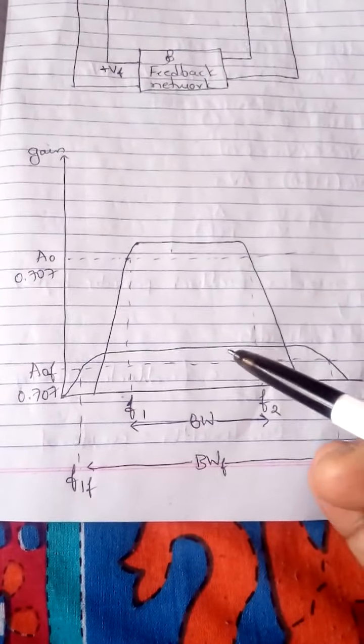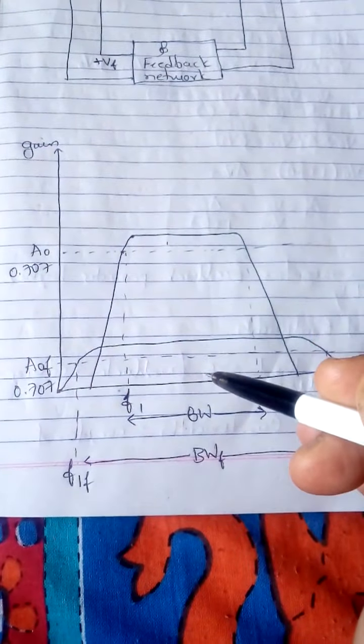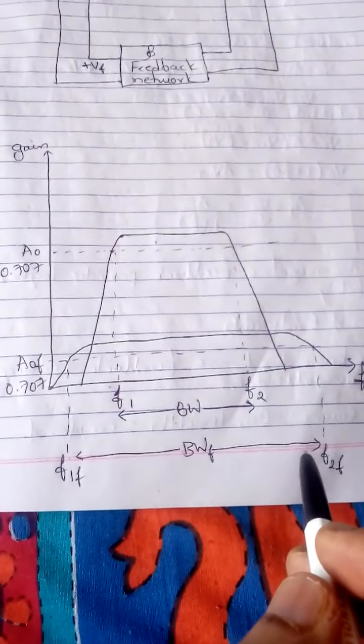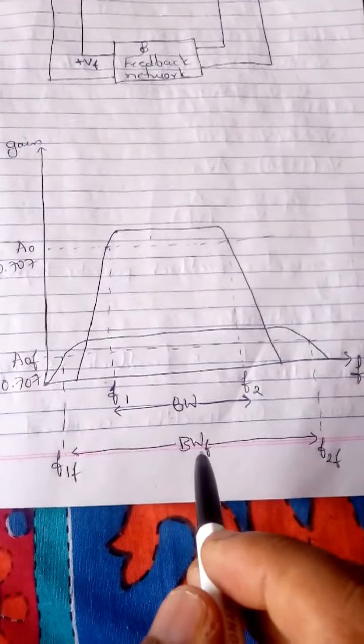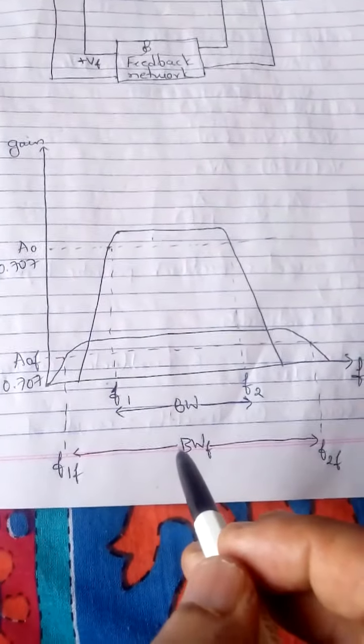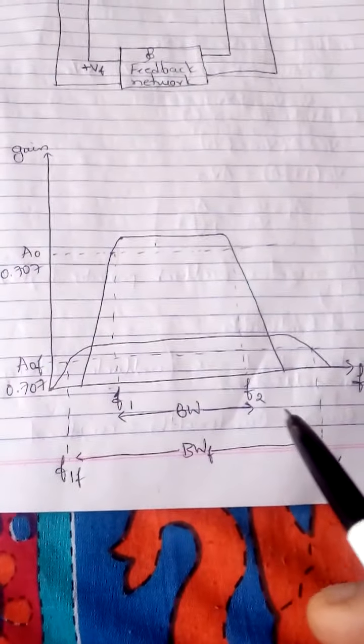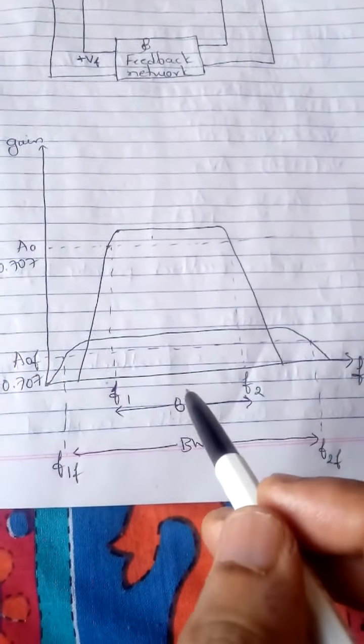Gain will be reduced, at the same time we are increasing the bandwidth. So BWF is more compared to BW. BWF is the bandwidth obtained after the feedback, and BW is the bandwidth without any feedback network.